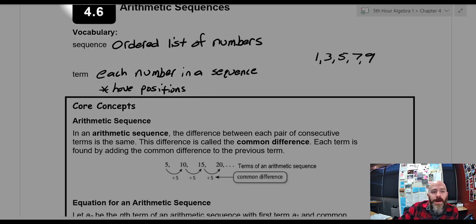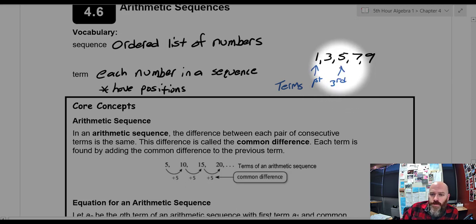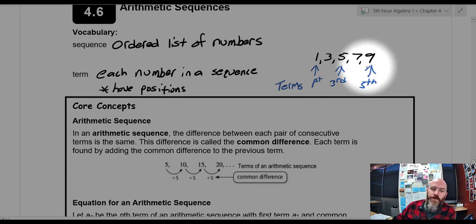So what I mean about that is if these are your numbers, the terms, your first term is a 1. Your third term is your 5. And your fifth term is your 9. So that's what I mean about position. So if I said find the 6th term, it means find the 6th number in that sequence.